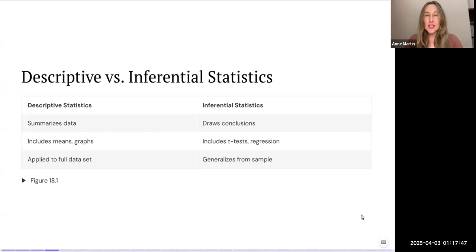Now, inferential statistics use a data set to draw broader conclusions, to try to infer about the larger population. So in inferential statistics, this is where you will see your hypothesis testing. You might see things like t-tests or regression. And again, those are generalized from the sample.